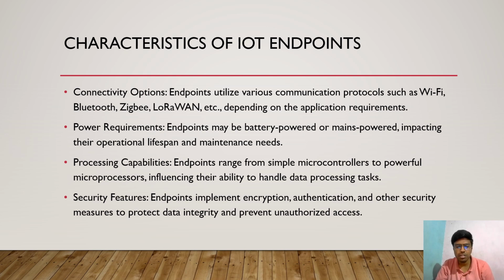Processing capabilities: endpoints range from simple microcontrollers to powerful microprocessors, influencing their ability to handle data processing tasks. Security features: endpoints implement encryption, authentication, and other security measures to protect data integrity and prevent unauthorized access.